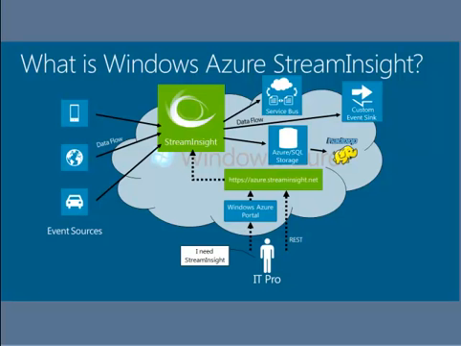So everything I'm going to talk about is a service that runs as a CTP. So it's out there in the form of a preview, but it hasn't been released and the name hasn't been finalized. The code name is Project Austin. You might have seen or heard about Project Austin. That's the code name for the Windows Azure Stream Insight service running in the Microsoft Cloud, right?